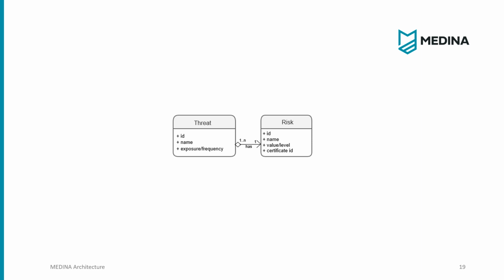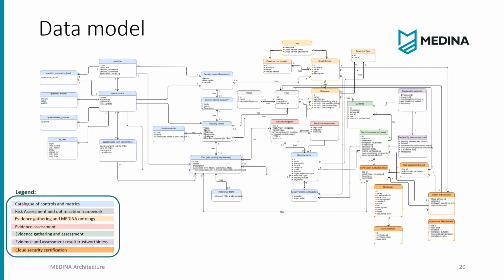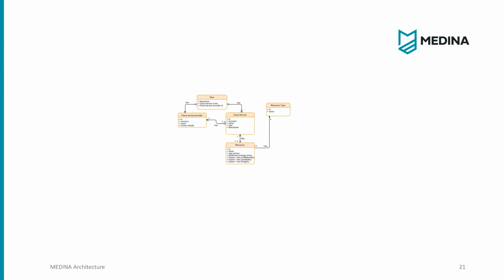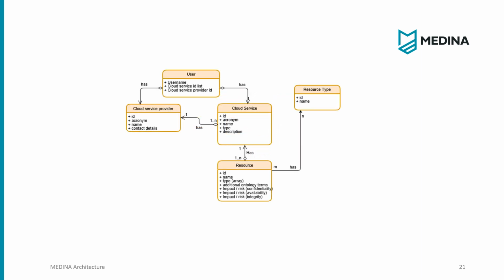Gray entities, like threat and risk, are the ones specifically defined for the risk assessment and optimization framework. Light orange entities are those related to evidence gathering, like cloud service provider, cloud service or resource.